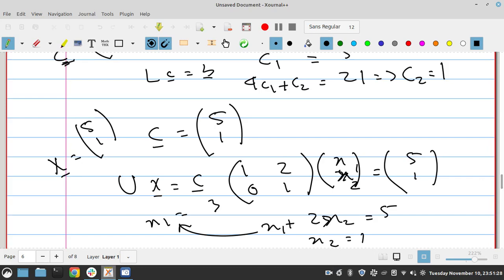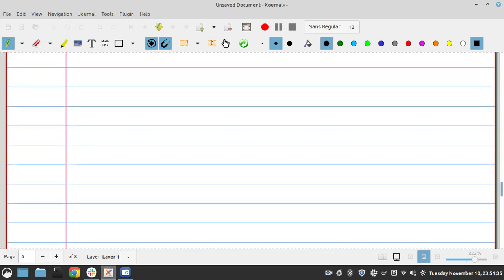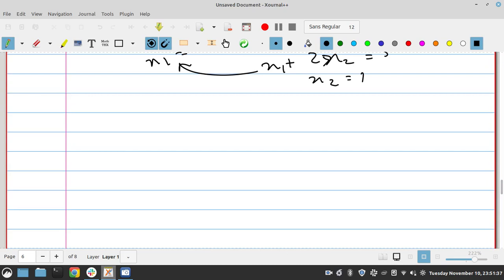So let's say we have a matrix P. This is a special type of matrix known as a Pascal matrix, and the entries are derived from Pascal's triangle.